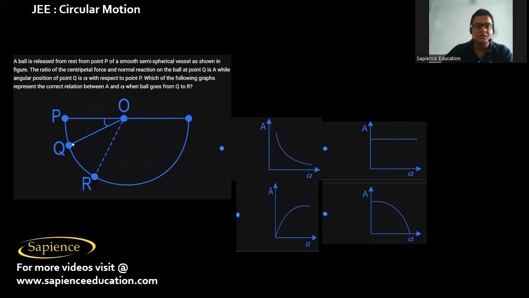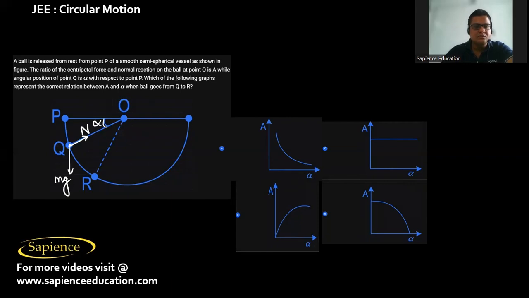So the normal reaction force will act towards the center only, and centripetal force will also act towards the center. Here we have mg. So if this is angle alpha, it is told that the angular position of point Q is alpha with respect to the point P. So this is angle alpha.